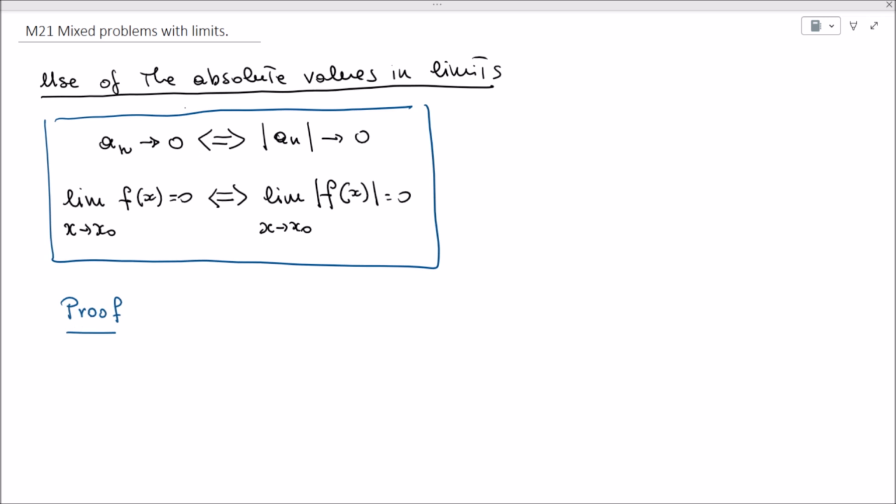Now, let's prove the sufficient condition. Let's suppose that an is a sequence that tends to 0. Well, that implies that for every epsilon larger than 0, there exists an n0 in the natural numbers, such that for every n larger than or equal to n0, we have that an minus 0 in absolute value is less than or equal to epsilon.